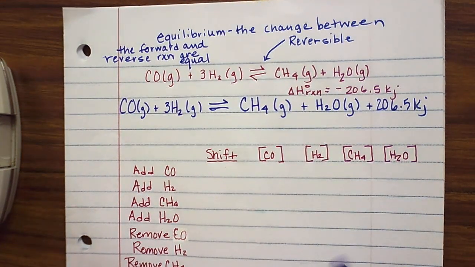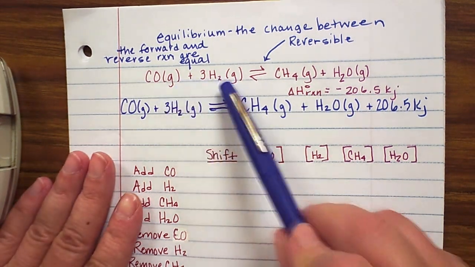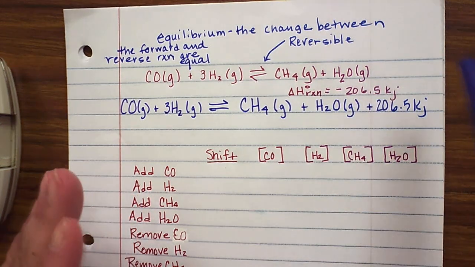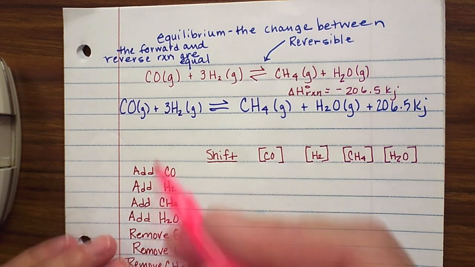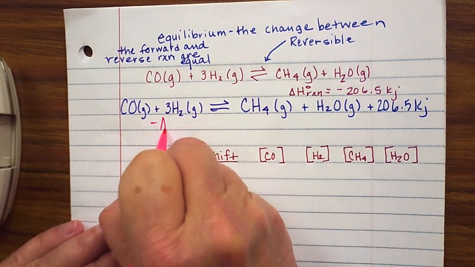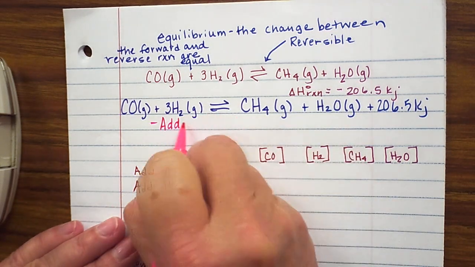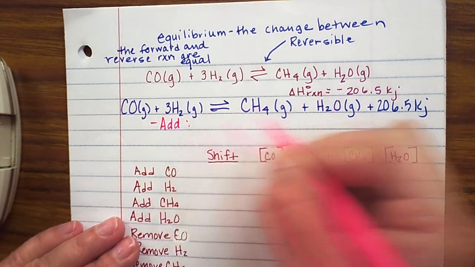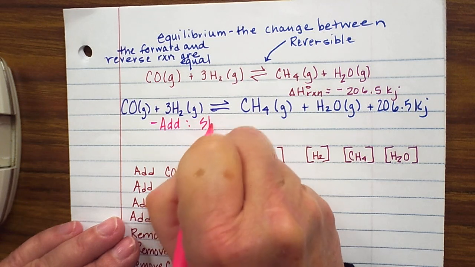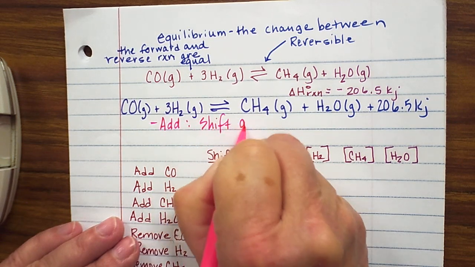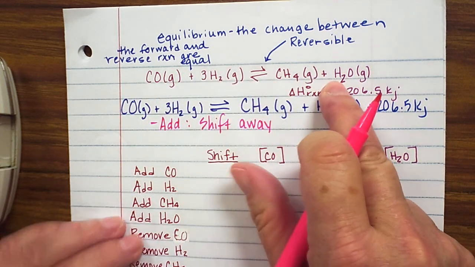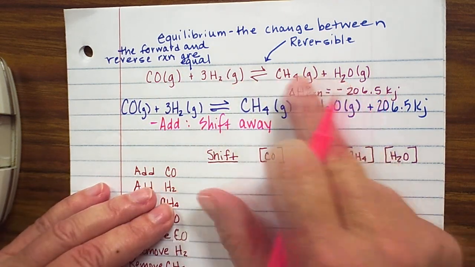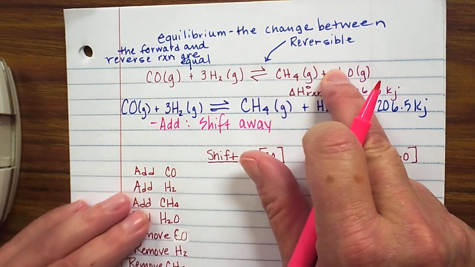Okay, now when we're looking at this, there's a couple things that you want to know. First, the fact that these are all gases, there are a few things that we talked about. One, when we add, we shift away, which means if we add a reactant, we shift to the products. That means we shift to making more products.